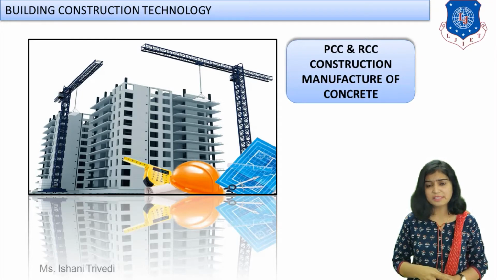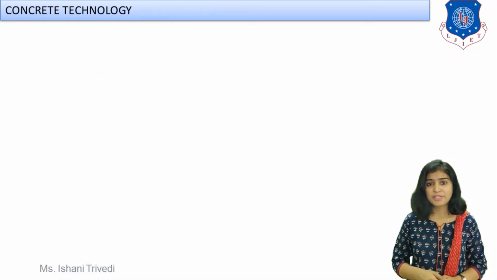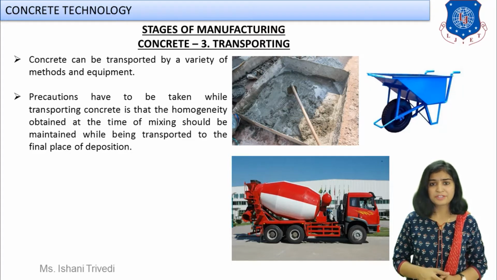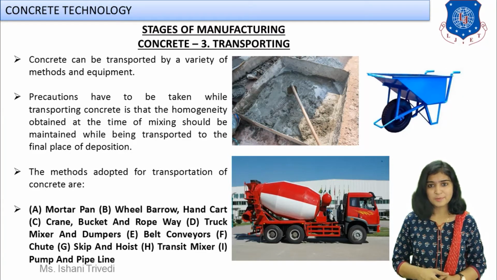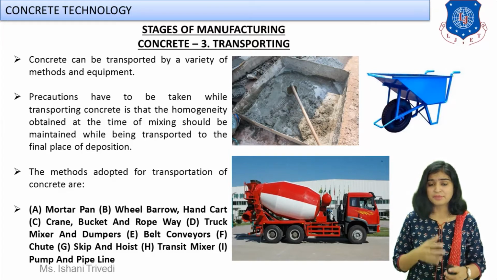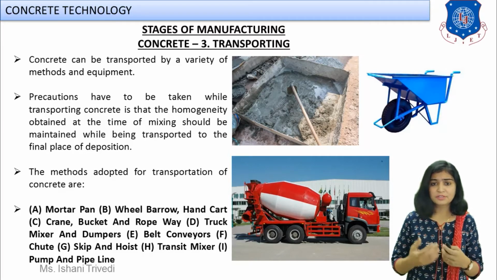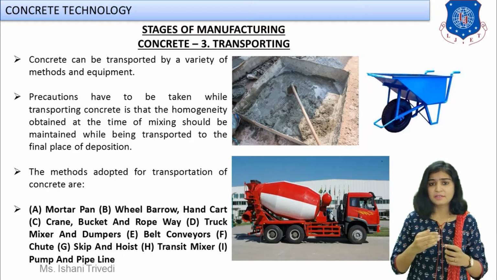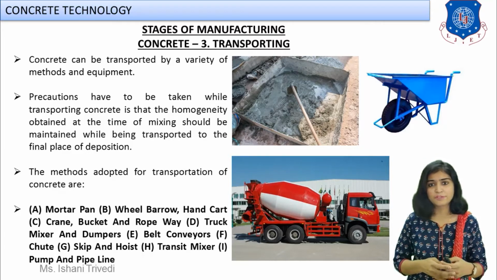We have already done the first two processes, batching and mixing. Today let us move forward with the next process of manufacture of concrete, that is transportation. Transporting of concrete. Once the mixing process is done and the fresh concrete is prepared, it has to be placed in the structural member, filled up in the forms, in the molds, right?